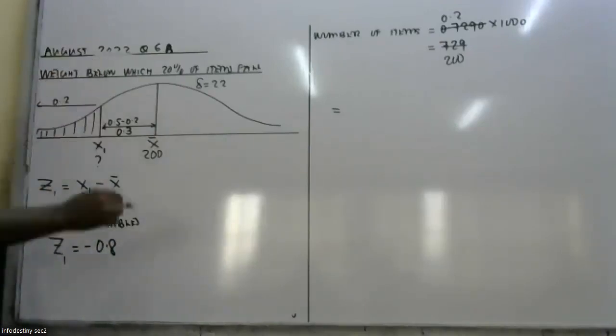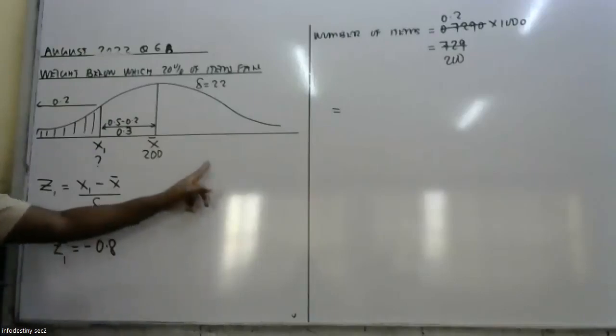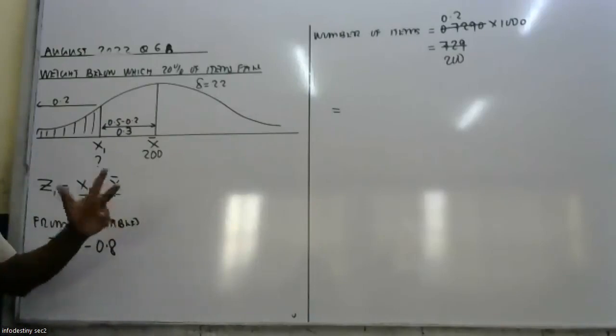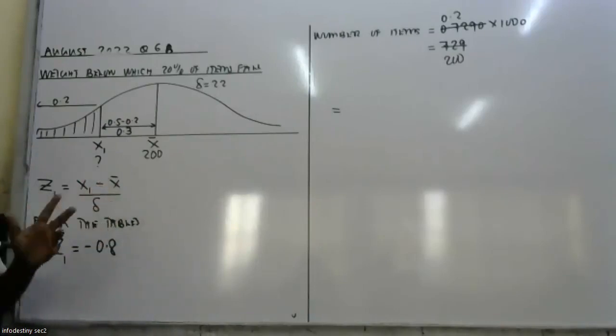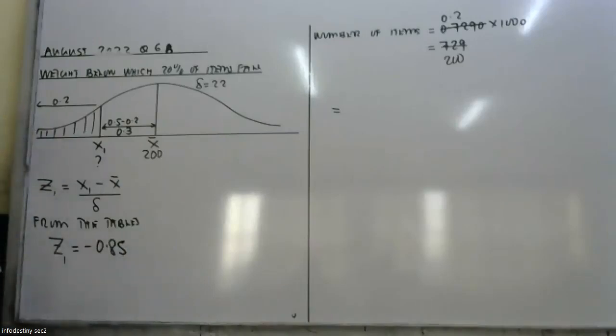And then that value is in which column? Si sasa unaangalia hapo juu. 5 or 4, eh? Because it's not exact. Okay, then let's go with 5. But you can still go with 4.